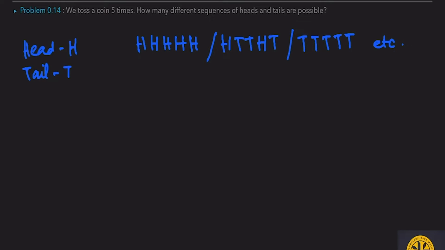So every coin toss has 2 outcomes. Either it will be a head or a tail, and there are 5 tosses. Also, please note that the outcome of toss 1 does not affect the outcome of toss 2. A head or tail in toss 1 does not affect, impact, or influence if there is going to be a head or a tail in toss 2.